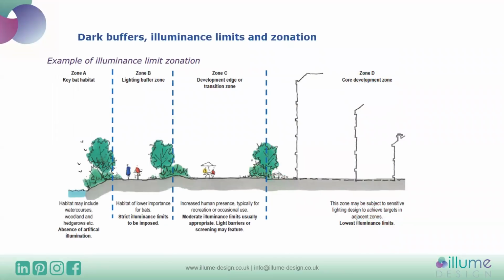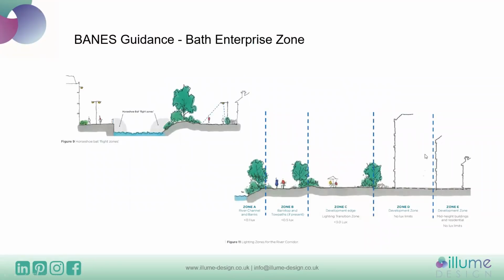It also talks about the different zones that we spoke about at the beginning and gives information on what these zones might be. And within the Bath Enterprise Zone guidance, this shows how you may apply levels of illuminance to these various zones to allow a transition down from your very dark area to the area where the development zone is within.